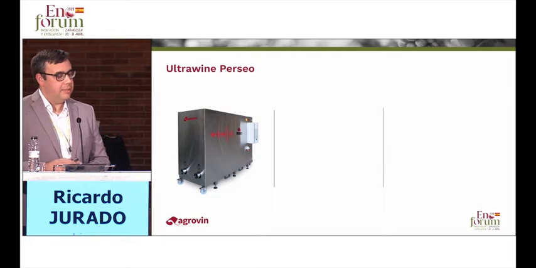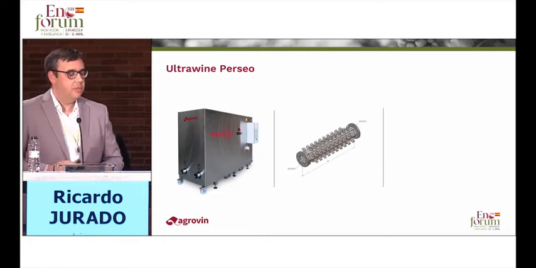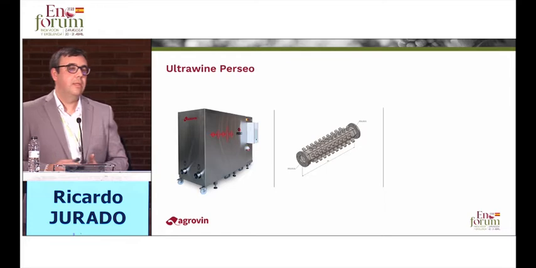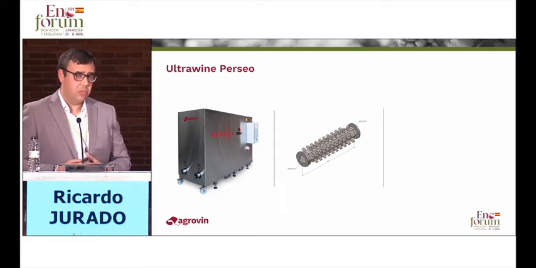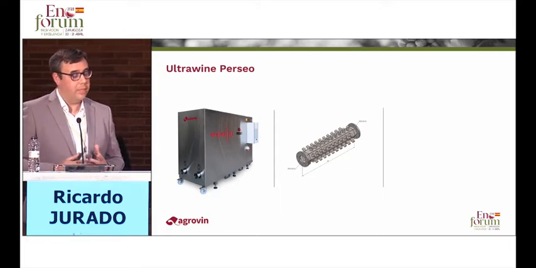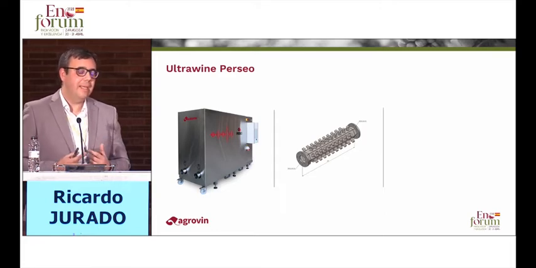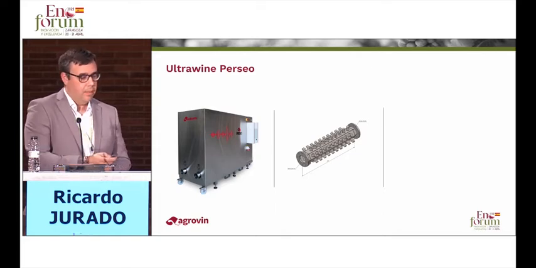This is the equipment. You cannot see a lot, I know, the Ultra-Wine Perseus, but I would like to explain about the treatment unit, which is the cavitation cell, a tube in stainless steel where these parts are coupled, and they transform the electrical energy received from the transformer into mechanical energy, which is producing cavitation in itself.